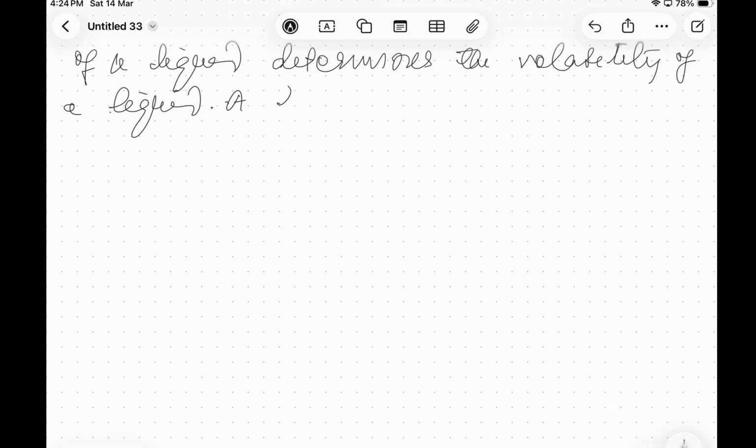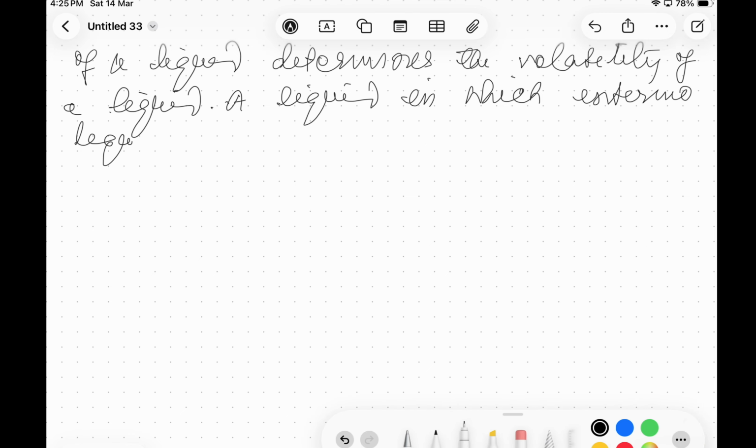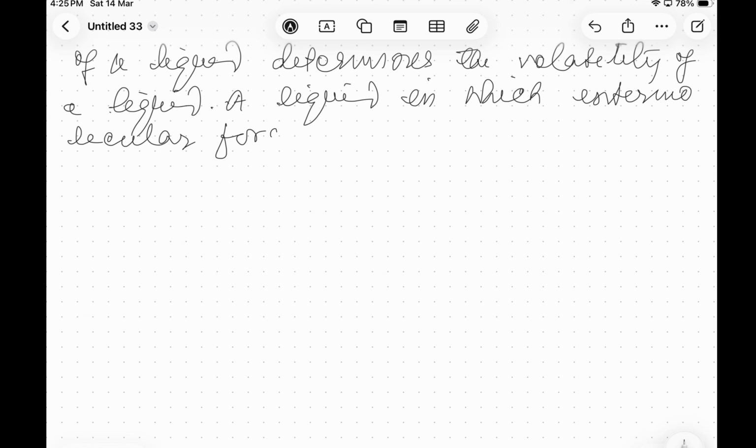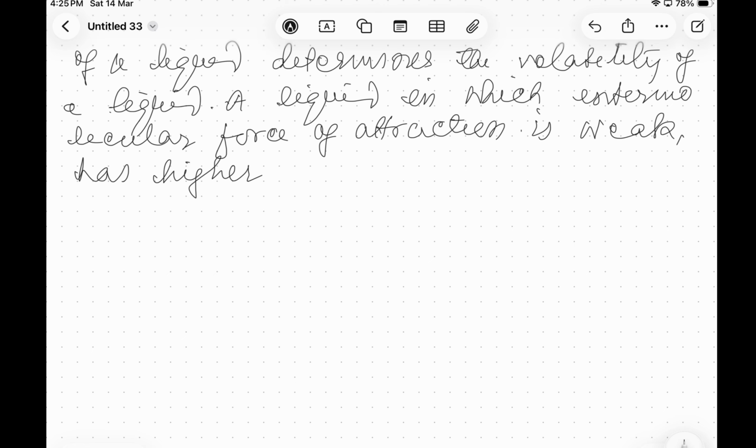A liquid in which intermolecular force of attraction is weak has higher volatility.